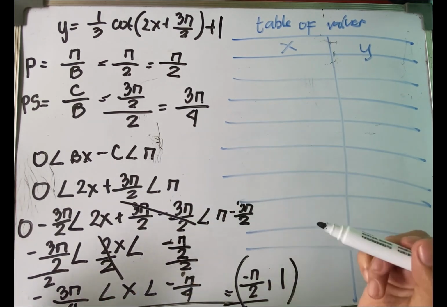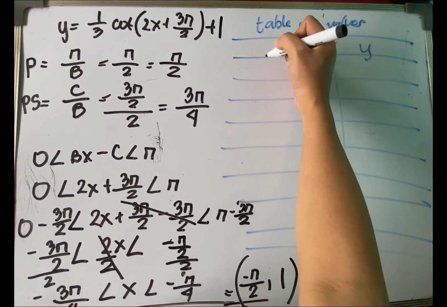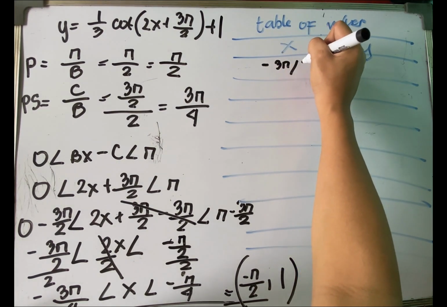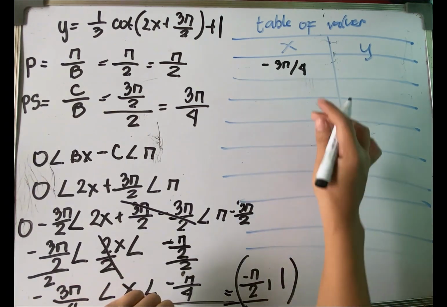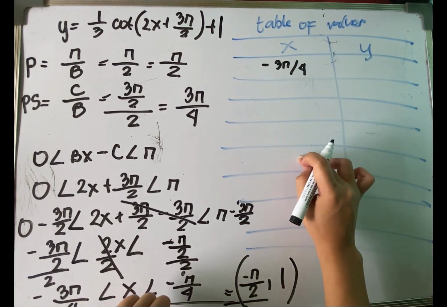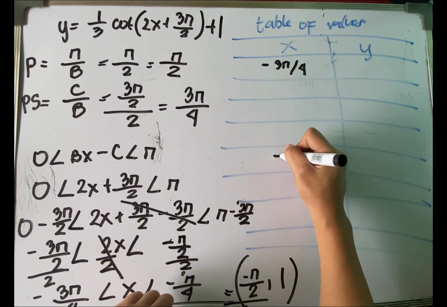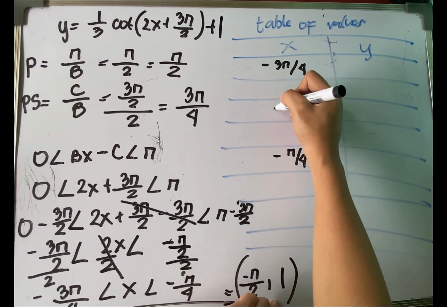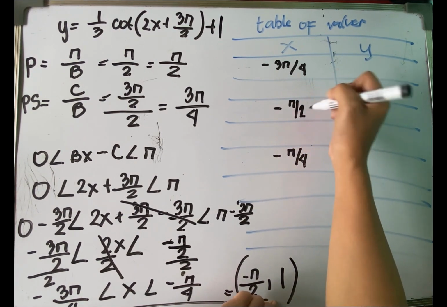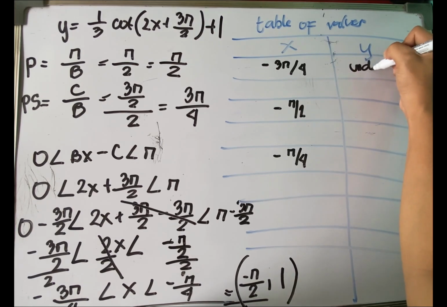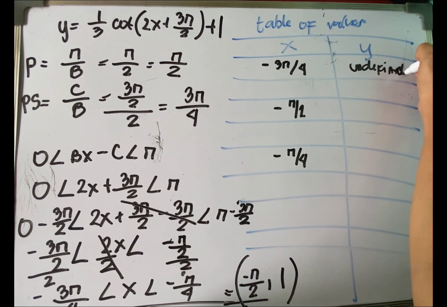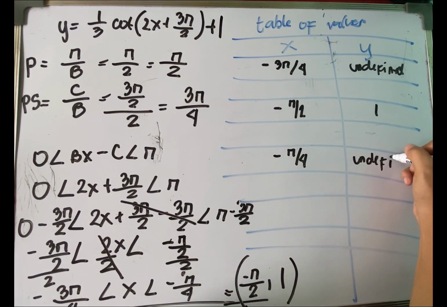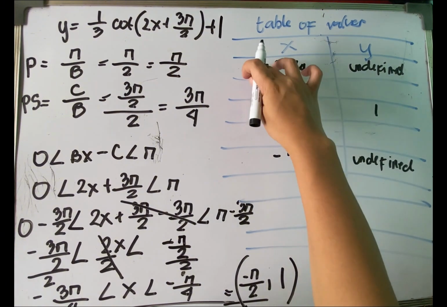And now let's put our negative 3 pi over 4, since it is our first and our fifth asymptote. Our second asymptote is negative pi over 4, and our middle is negative pi over 2. Negative 3 pi over 4 is undefined since it's our first asymptote. Negative pi over 2 is 1, and negative pi over 4 is undefined as well since it is our second asymptote.